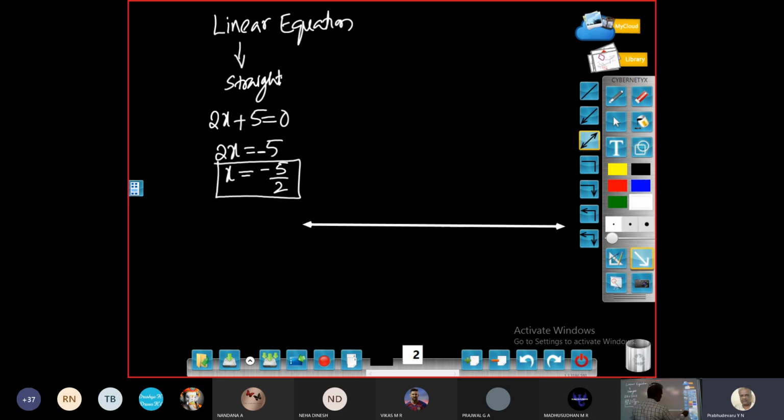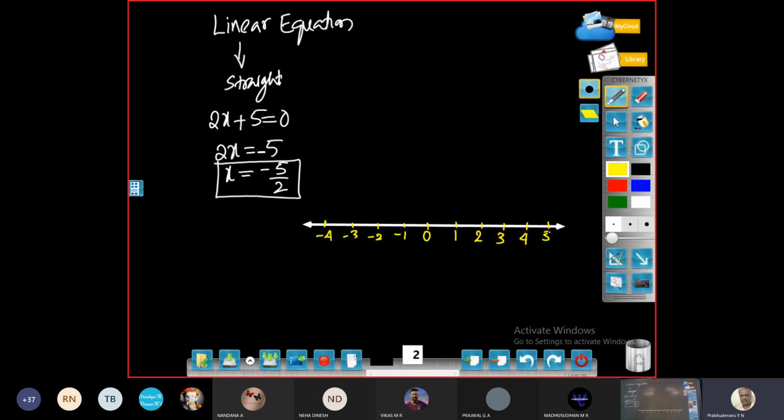If I take a number line like this, 0 and at equal distances, you can draw the number line like this. Left side minus 1, minus 2, minus 3, minus 4 like that. Right side positive numbers 1, 2, 3, 4, 5 like this. Minus 5 by 2 is a negative number, so it will definitely be on the left-hand side of 0.